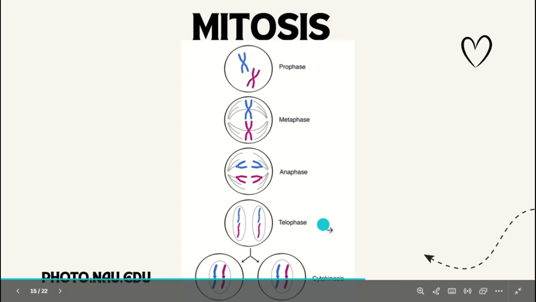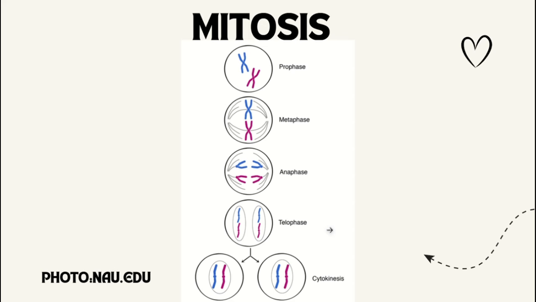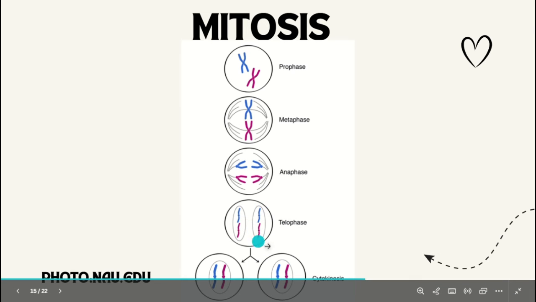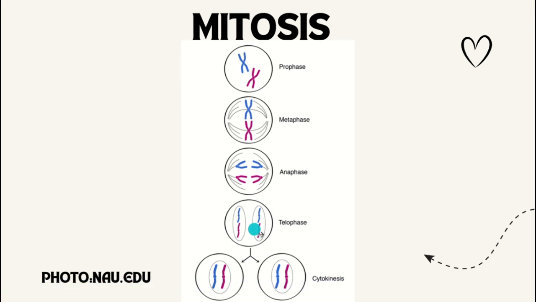And also in telophase, this is where the nuclear membrane starts building up. The circle around it is the nuclear membrane, and the chromosomes start becoming decondensed. As I said, this diagram is not the best, but they become decondensed.